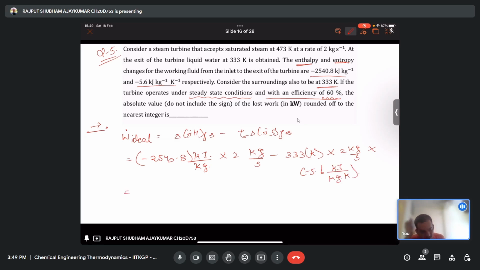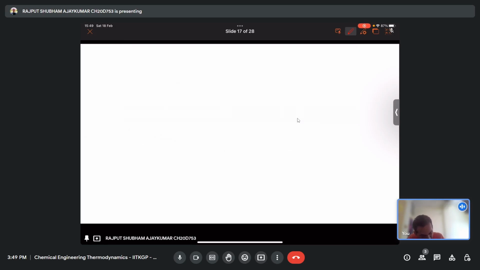I'll put this directly in the equation and simplify with the help of a scientific calculator. The work done by the ideal process comes out to be 1352 kilojoule per second. Now the turbine does not work ideally; it operates at an efficiency of 60%.